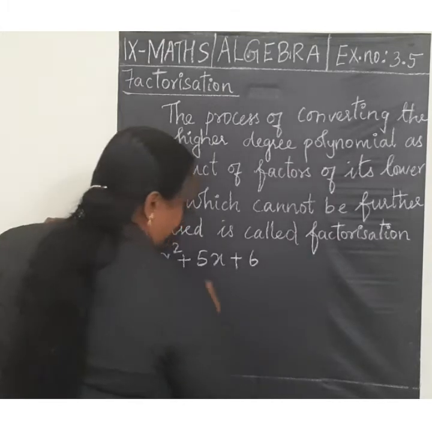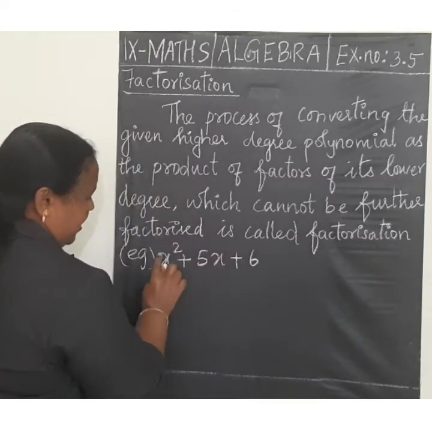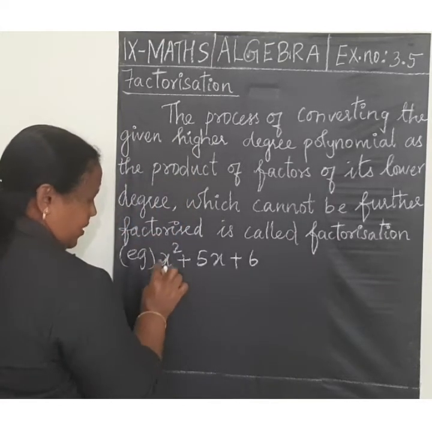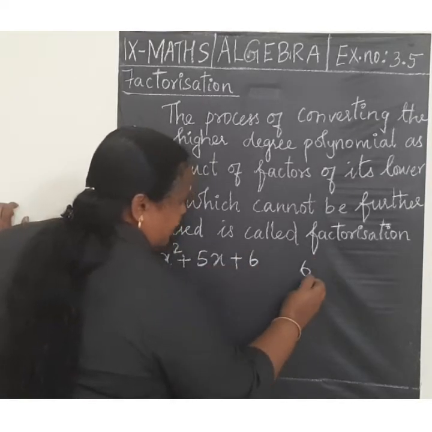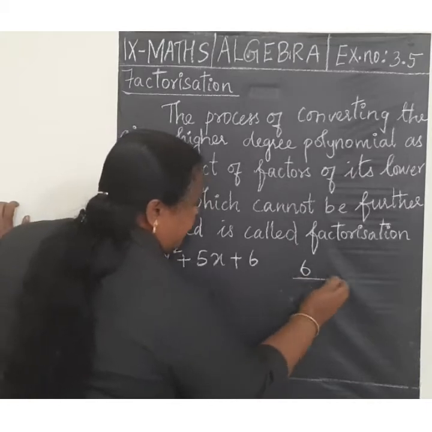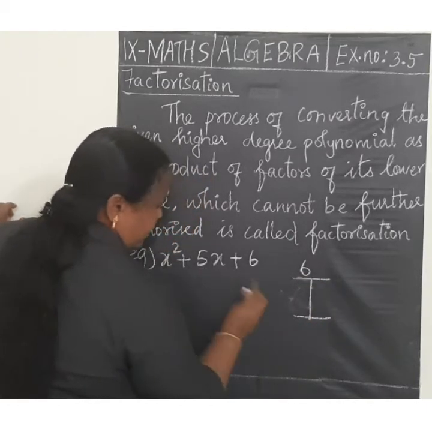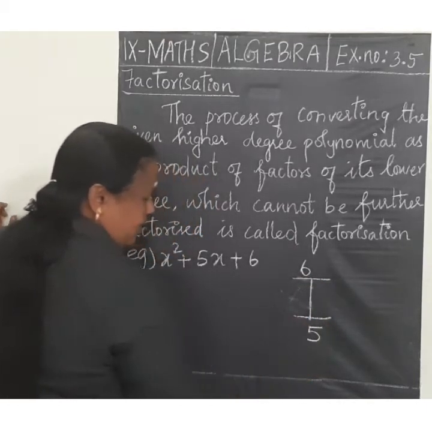See here, first you have to consider that the x squared coefficient is 1, so 1 into 6 is 6. Then by factorization, the middle term is 5, so that we have to write down.